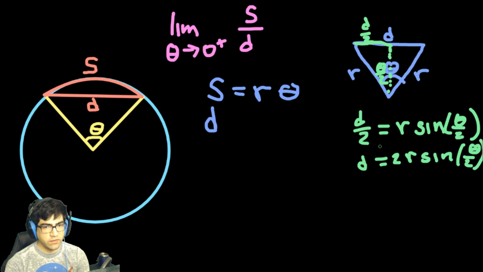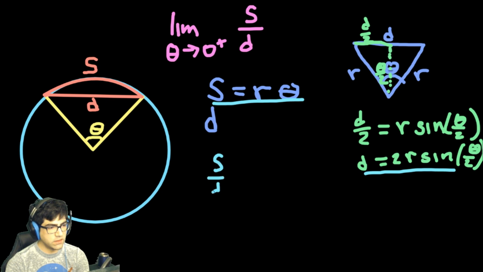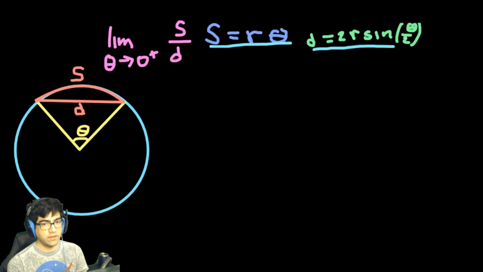Alright, so we have everything we need to write our ratio, which is d right here as well as s over here. So let's go ahead and write this as a ratio of s over d. It's getting a little crowded, so let me go ahead and move some stuff around here. Okay, so let's write that ratio of s over d.